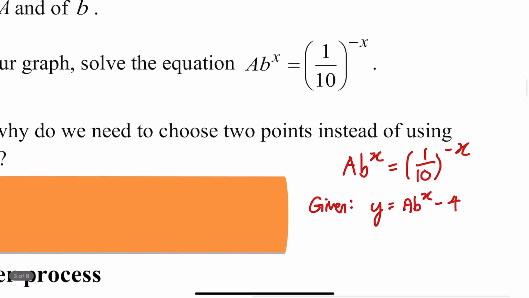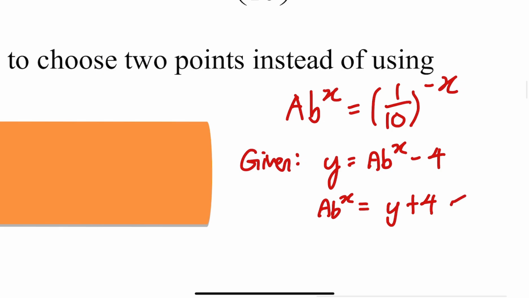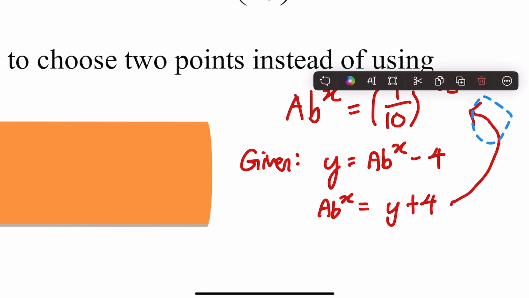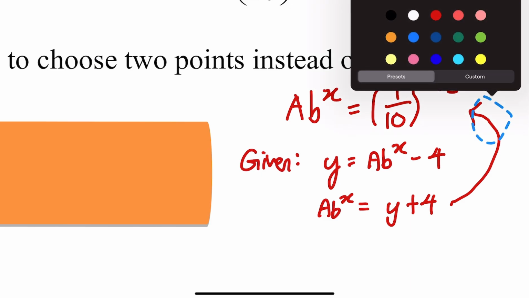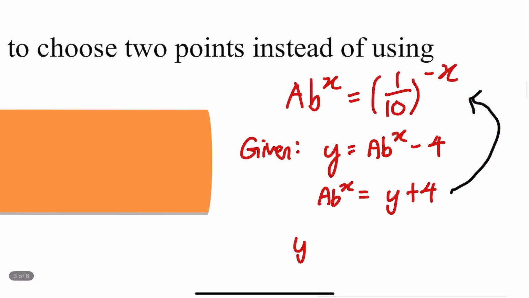So this means that AB power x is equal to y plus 4. Now I'll sub AB power x back into this equation here. This will give me y plus 4 is equal to 1 over 10 power negative x.